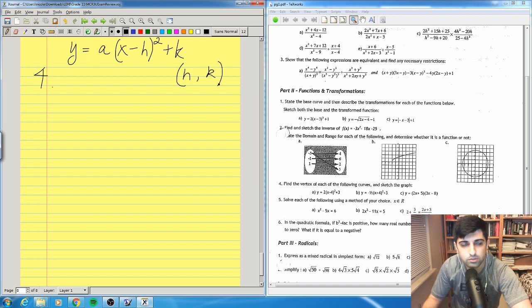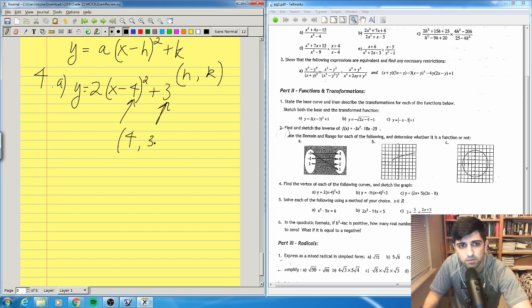That's the general form, right? So in this case, I've got y equals 2(x - 4)^2 + 3. So they've made it really easy for me. So h is 4 and k is 3, so my vertex is (4, 3), right? I don't have to do any magic here. B, I've got a little bit of an issue, right?